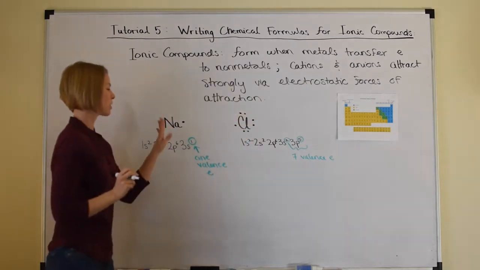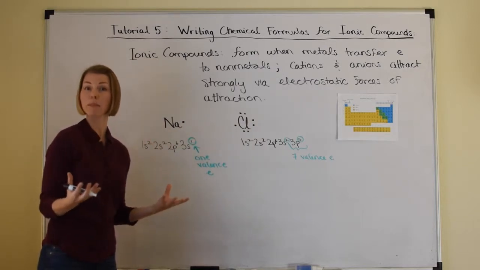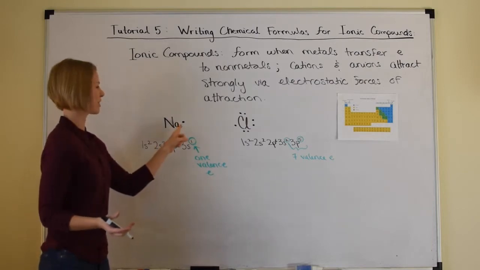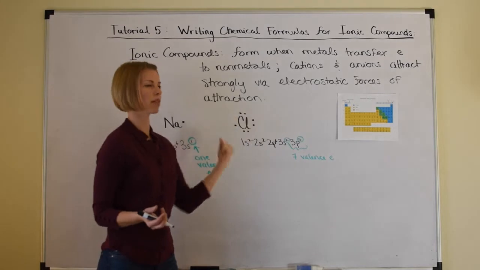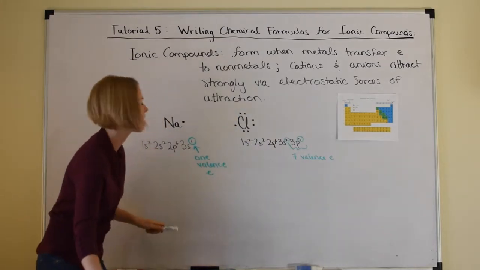Okay, so when sodium and chlorine react to form an ionic compound, sodium chloride, well, you can probably see already sodium is really wanting to get rid of 1 valence electron. Chlorine is really wanting to pick up 1 valence electron, so it works out perfectly. Let's write this in a different color.